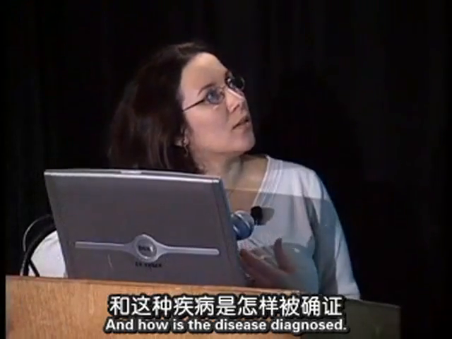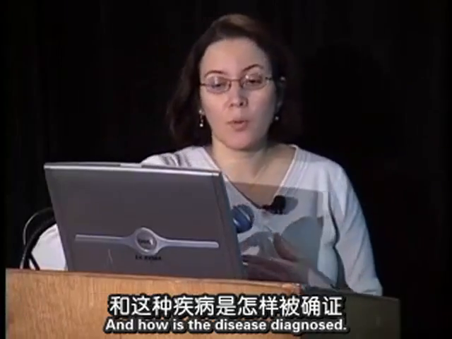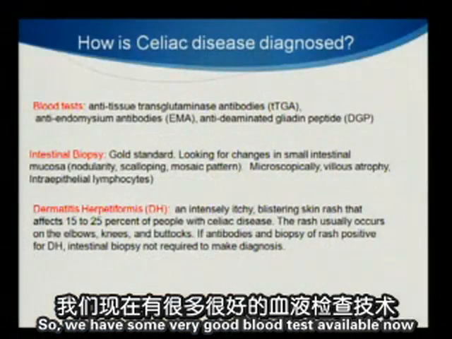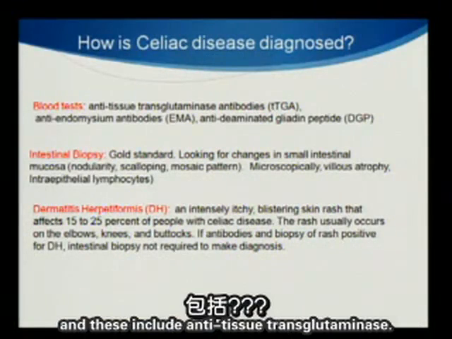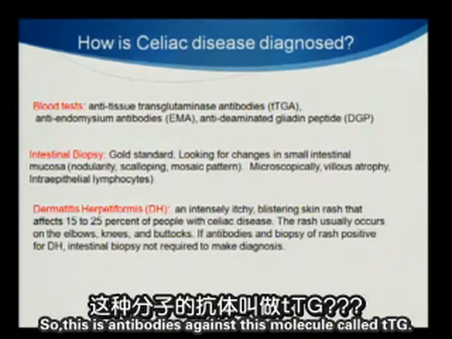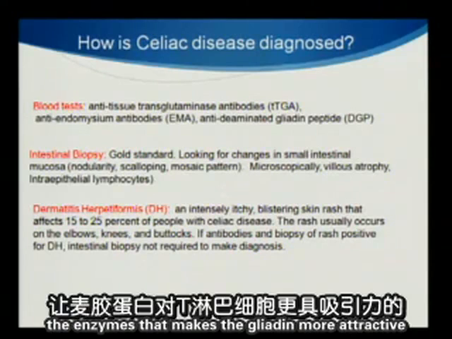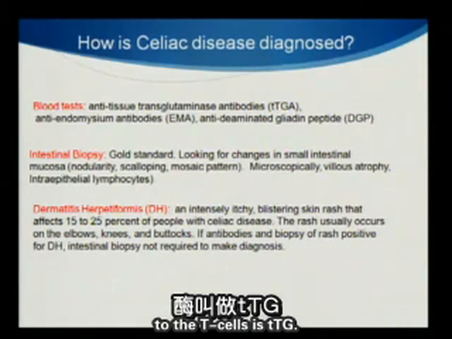And how is the disease diagnosed? We have some very good blood tests available now. These include anti-tissue transglutaminase, so this is antibodies against this molecule called TTG. If you remember when I talked about the pathophysiology, the enzyme that makes the gliadin more attractive to the T cells is TTG.